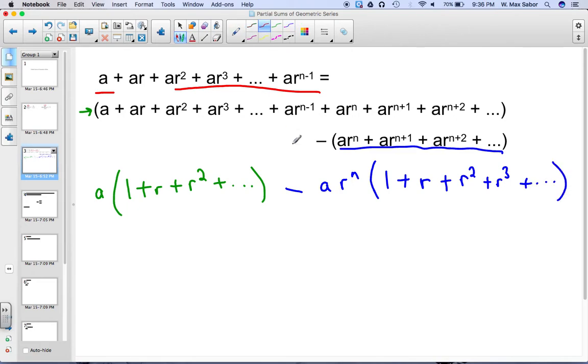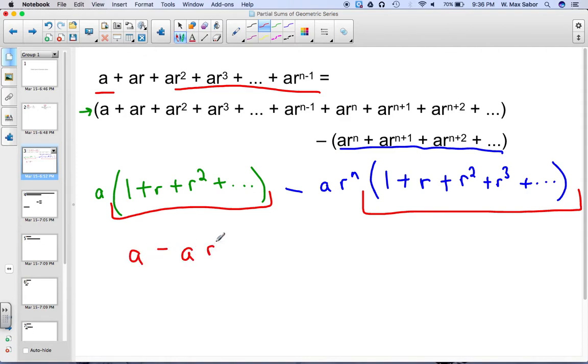So now we have a greatest common factor. Both of these are divisible by that infinite sum. So we can write this as a minus ar to the n times the infinite sum by factoring.